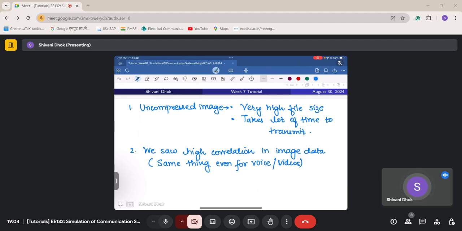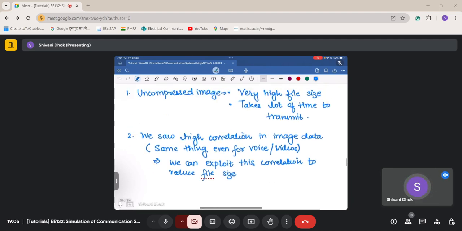So all of these are highly correlated data, and we can exploit this correlation to reduce file size and use resources in a better way, and this is done by compression, which we will see in the coming week.